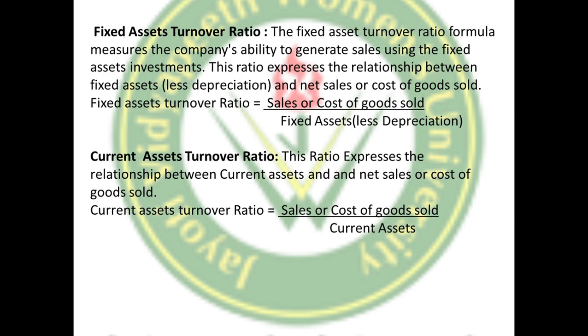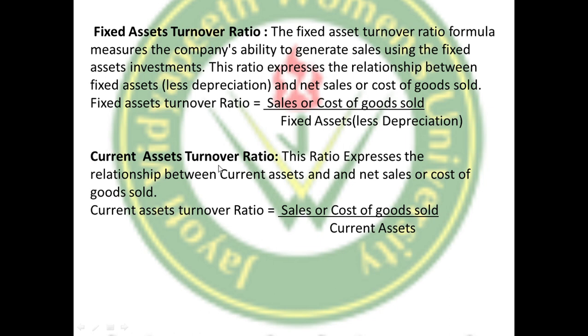This ratio talks about the relationship between fixed assets, with depreciation excluded, and net sales or cost of goods sold. The formula to calculate fixed assets turnover ratio is sales or cost of goods sold divided by fixed assets less depreciation.